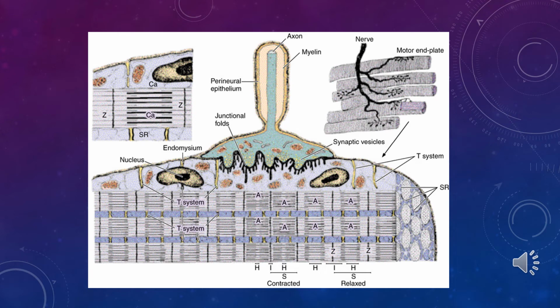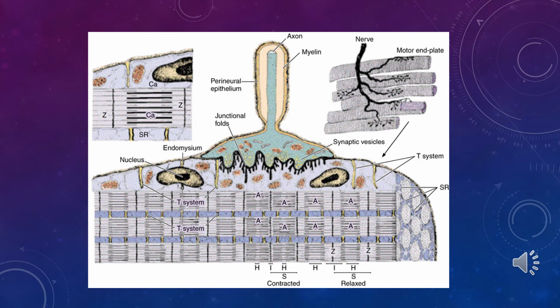It's a good scheme. You can find it in your textbook. Please look very attentively at the process of contraction. Here the scheme shows a nerve ending releasing an impulse to a special motor end plate, and the electrical impulse goes to the muscle fibers, and then the process of contraction starts in the muscle fibers.